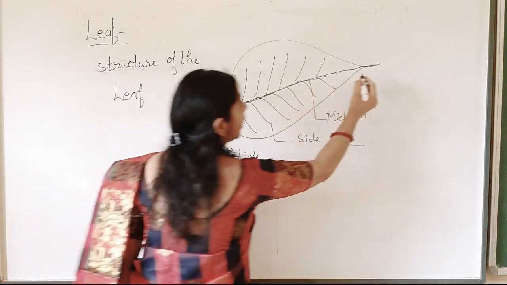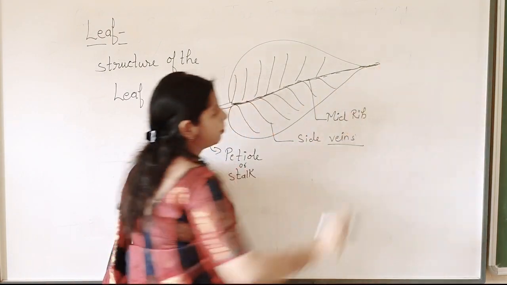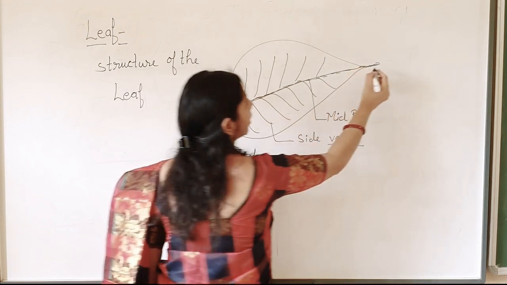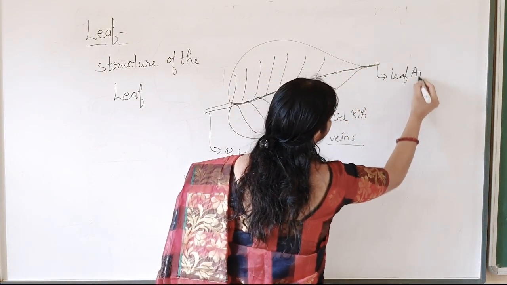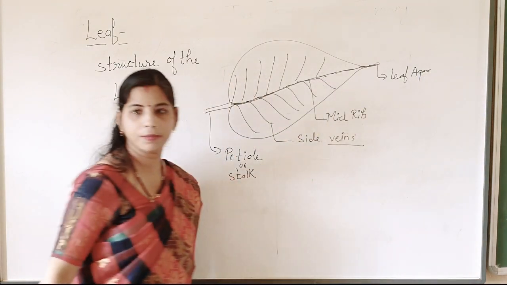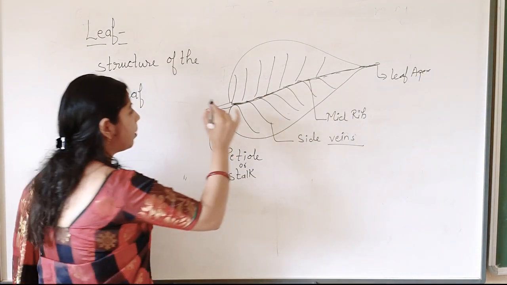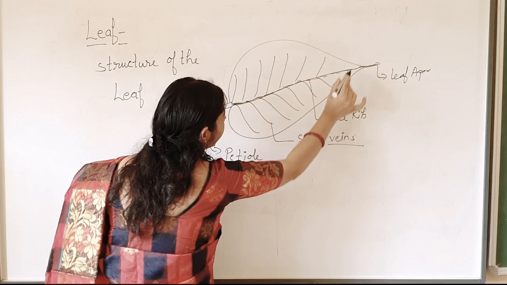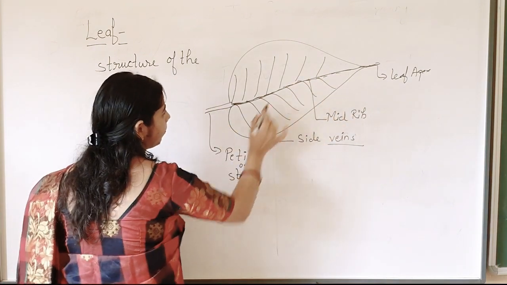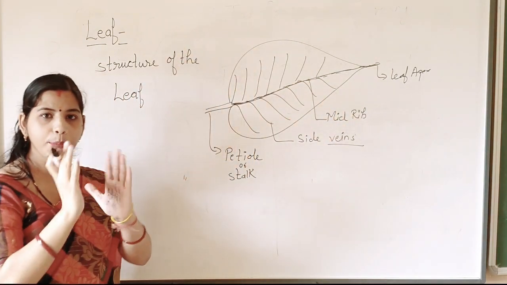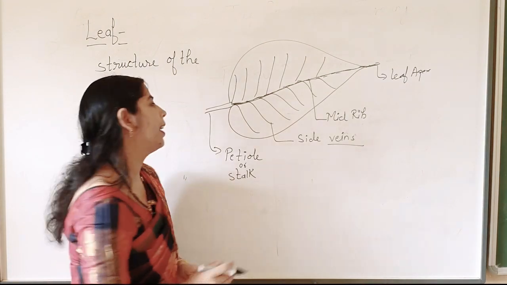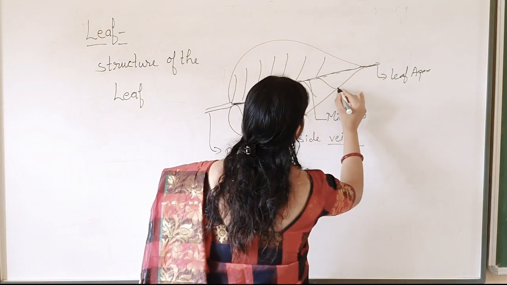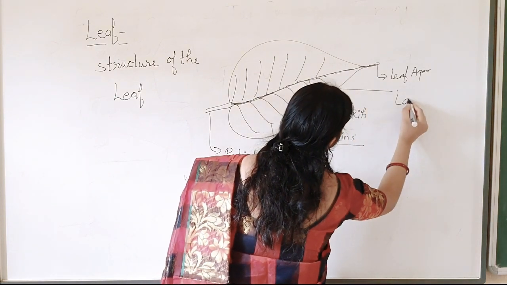Now this pointed part, this part is known as the leaf apex. Now most important part, this complete broad expanded part of leaf is known as lamina.